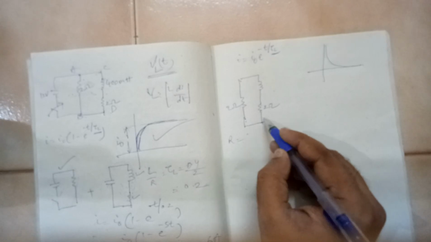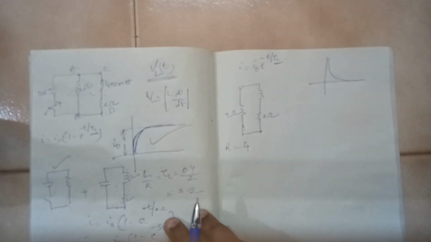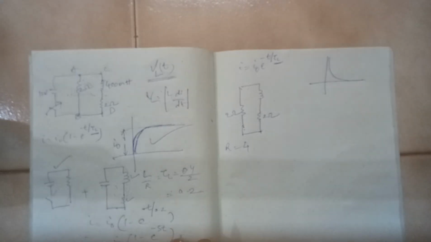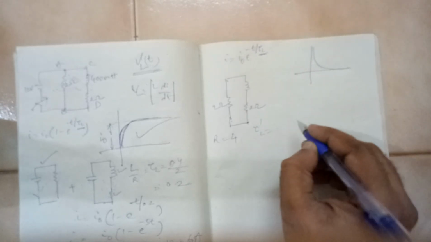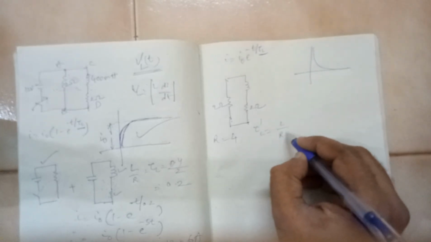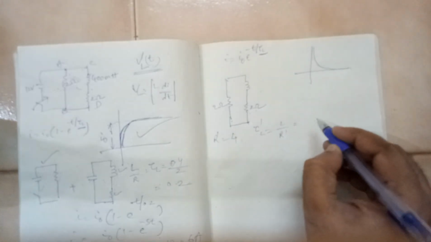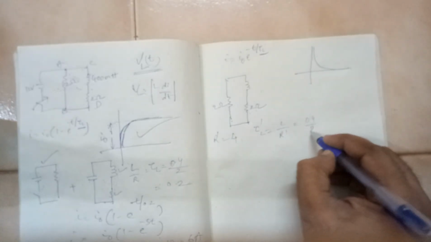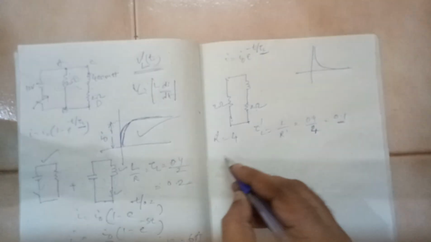They are in series, so 2 plus 2, it is 4. So the new TL dash will be equal to L divided by R dash. This is R dash, 2 plus 2, they are in series. So this will be 0.4 by 4, which will be equal to 0.1.